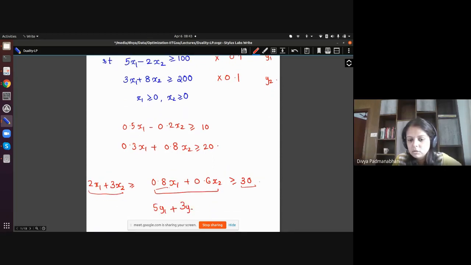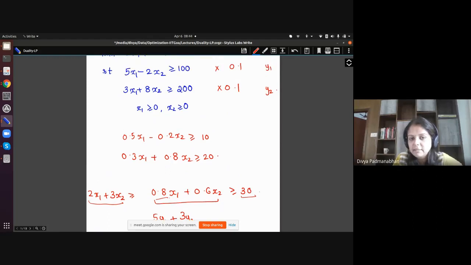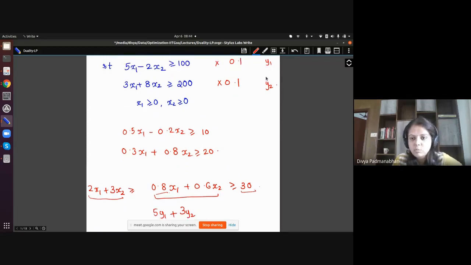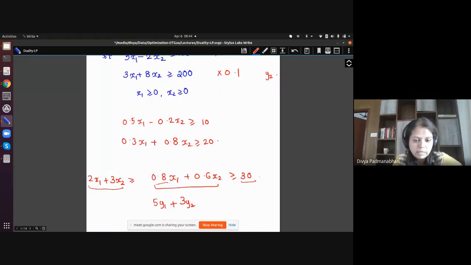You multiplied this with y1, you multiplied this with y2, and then you summed it up. So the coefficient you had of this x1 here was just 5y1 plus 3y2, and you had that this was less than 2.